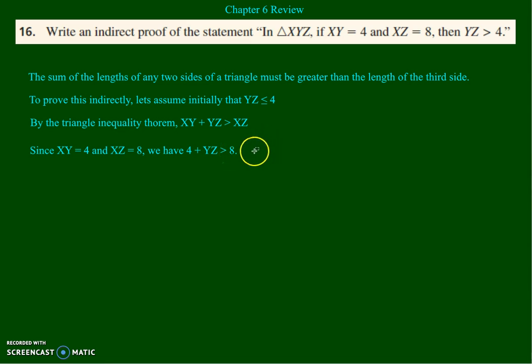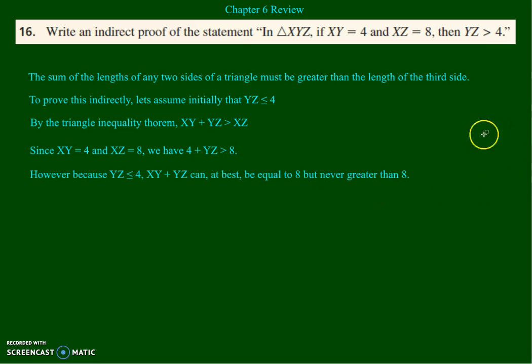But because our initial assumption stated that YZ is less than or equal to 4, if we put a number in here that's less than or equal to 4, then XY plus YZ can at best be equal to 8. If YZ equals 4, then 4 plus 4 equals 8, but it's never going to be greater than 8.